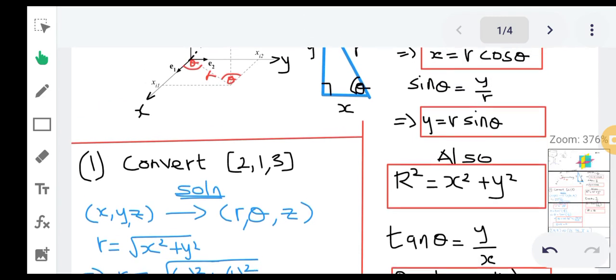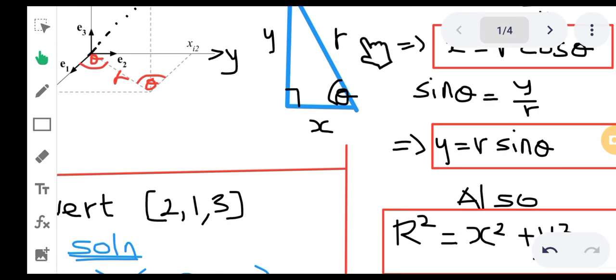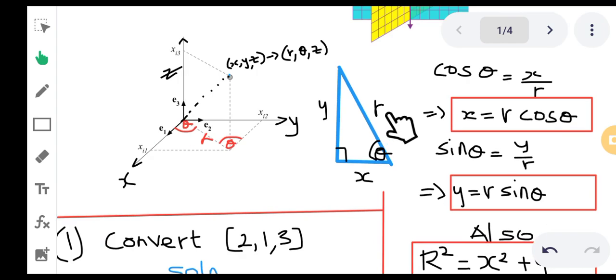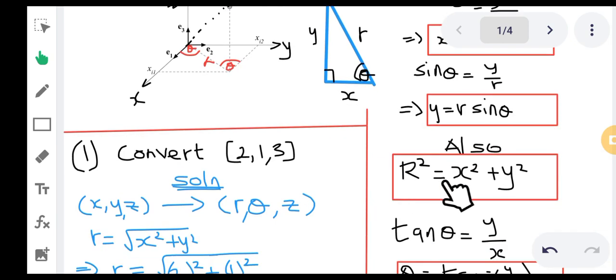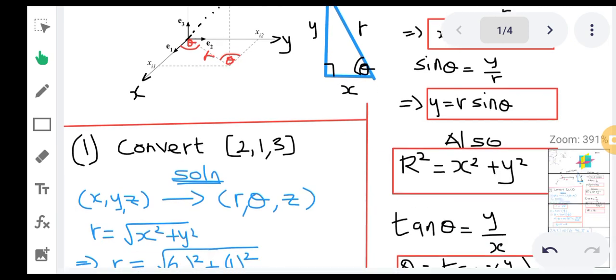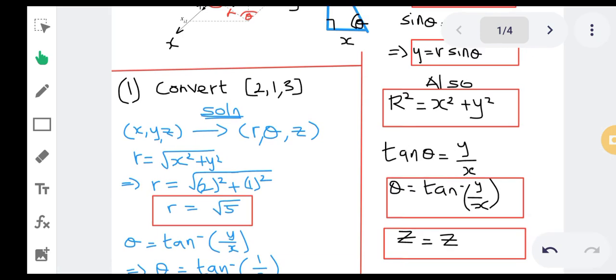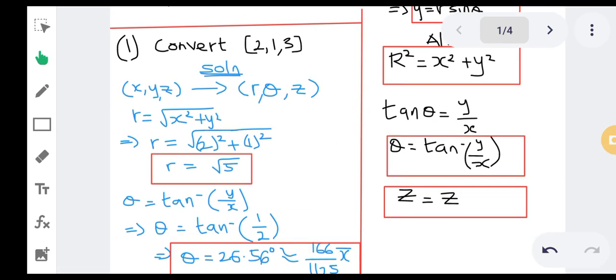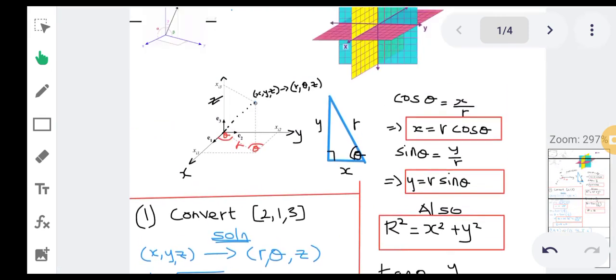From Pythagoras theorem, r squared is equal to the sum of the adjacent and the opposite squared, so r squared equals x squared plus y squared. Also, tan theta is equal to y over x, which implies that theta is equal to tan inverse of y over x.